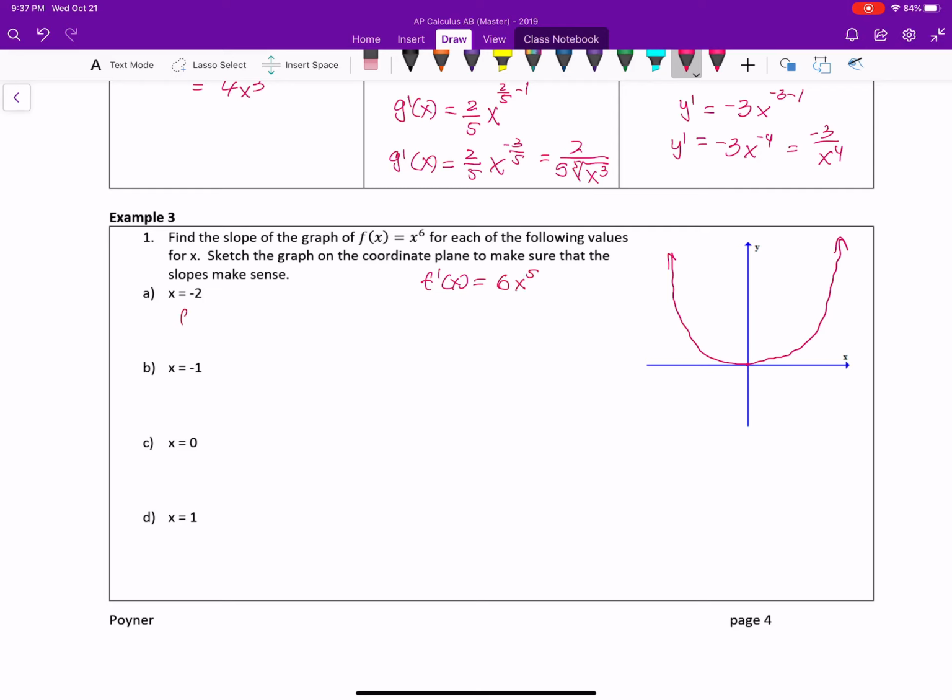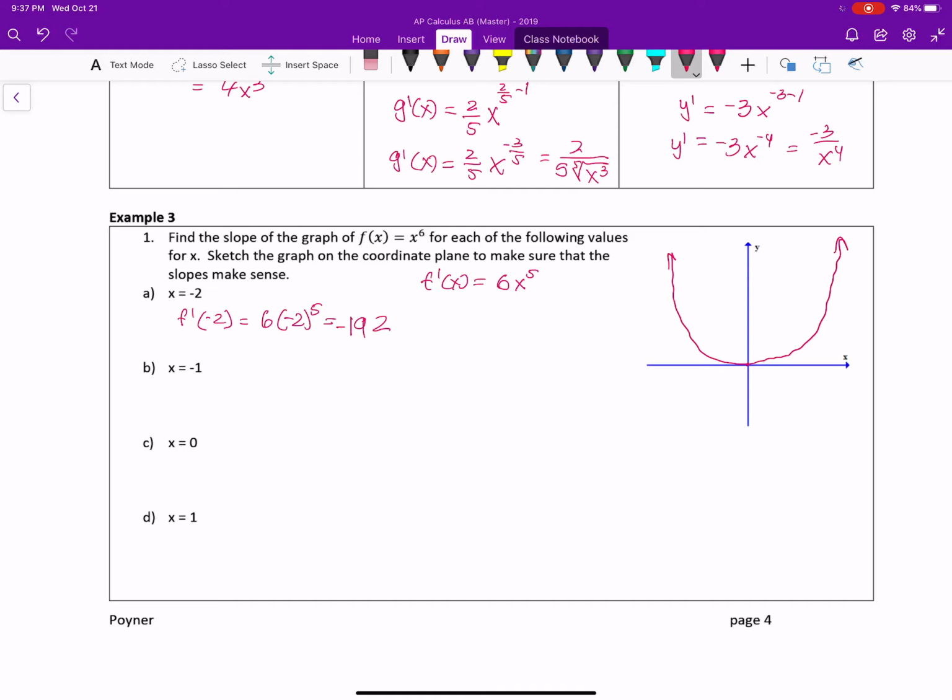And then we find f prime at negative 2, which is going to be 6 times negative 2 to the 5th, which is going to be negative 32 times 6. What's that? Negative 32, sorry. 192, but negative 192. Which is here at negative 2.